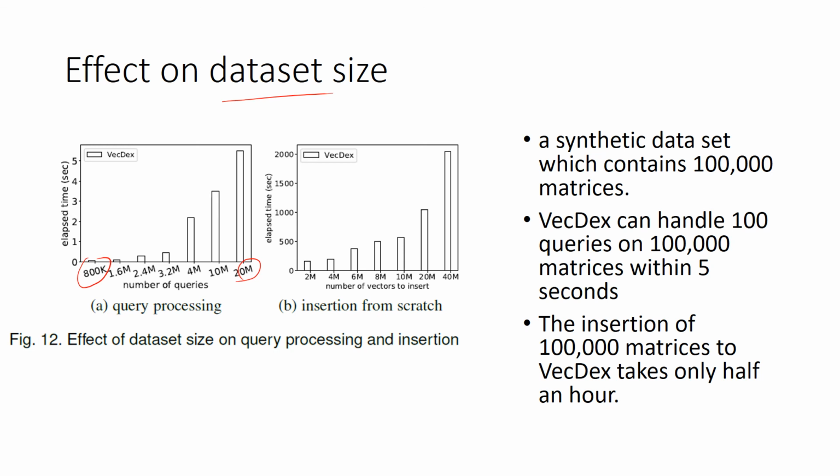For the query processing time, even for such a very large inverted index, the queries can still be processed in a few seconds. 1,100 queries can be processed in 5 seconds. And the insertion of 100,000 matrices to vectors takes only half an hour.